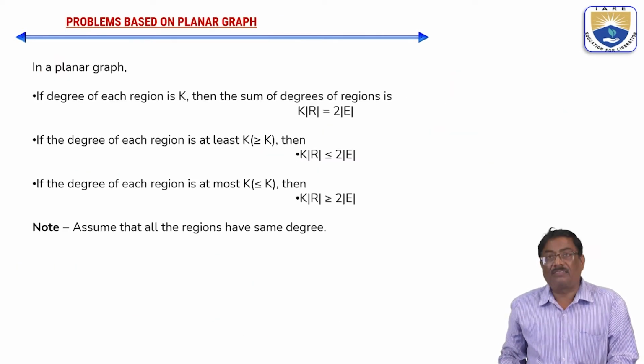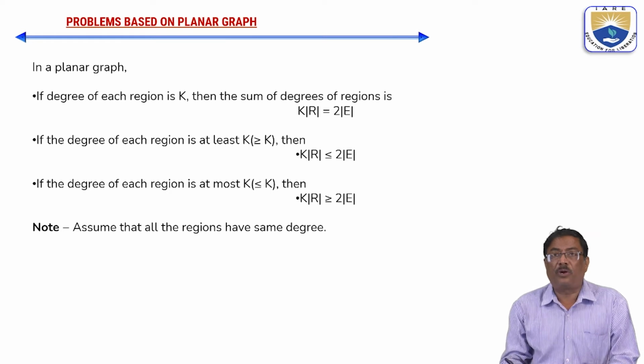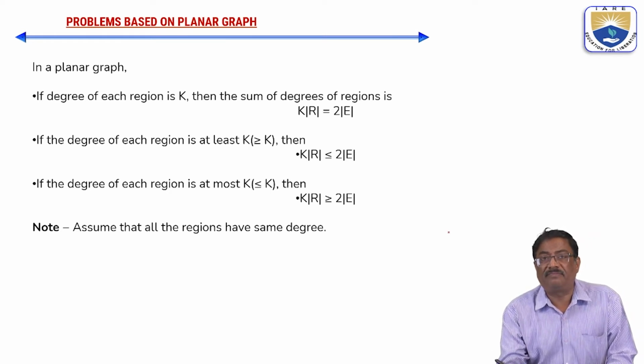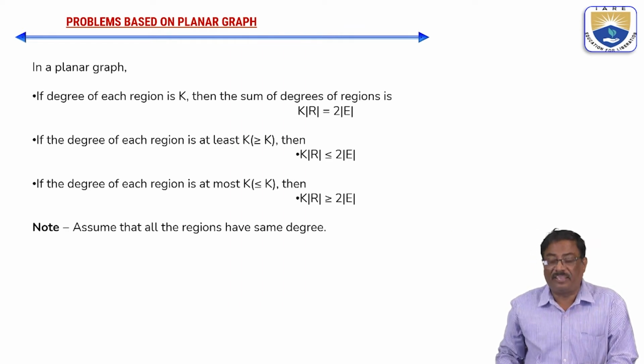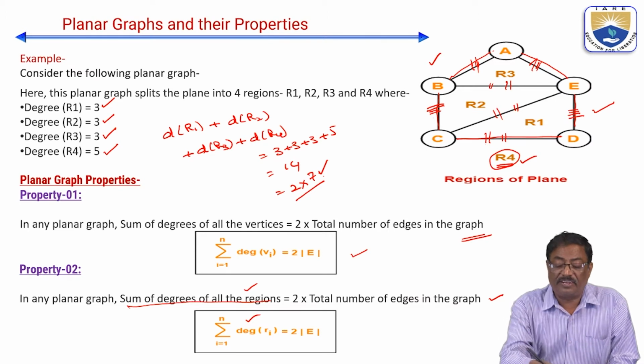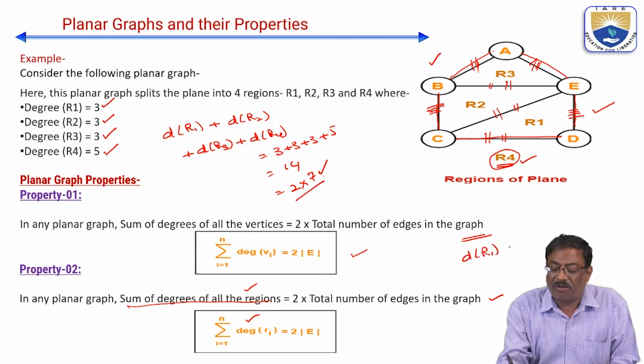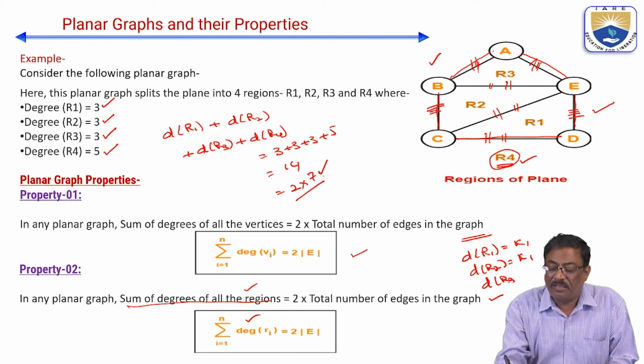Now, let us suppose I am going to consider that the degree of each and every region is k. Suppose degree of R1 is equal to k1, degree of R2 is equal to k1, degree of R3 is equal to k1, and the degree of R4 is equal to k1.